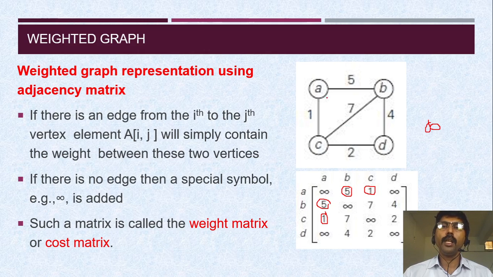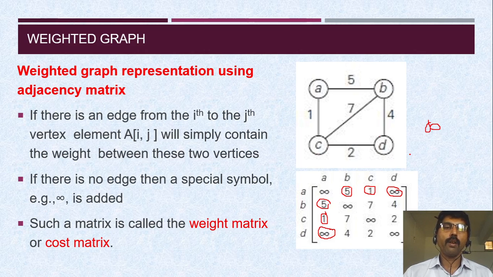For example, see, for A to D there is no separate edge, so A to D is indicated by infinity. C to C as well as D to A, there is no edge, so it is also indicated by infinity.